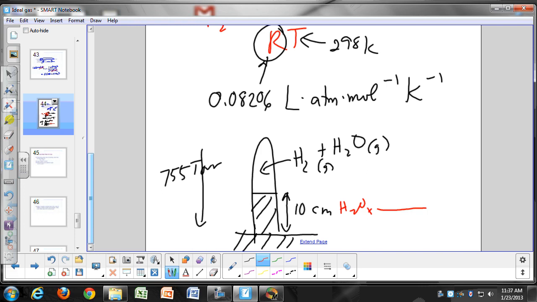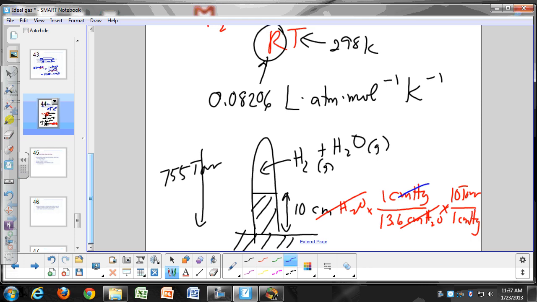So 1 centimeter of mercury is 13.6 centimeters of water. That cancels out centimeters of water. And then I change that to torr, which is a millimeter of mercury. 1 centimeter of mercury is 10 torr, right? 10 millimeters of mercury is 1 centimeter of mercury. So that cancels out centimeters of mercury.